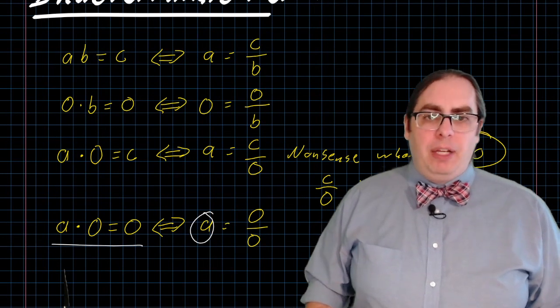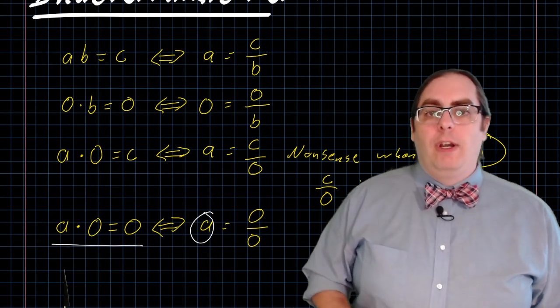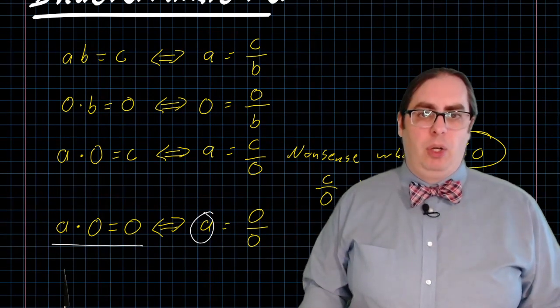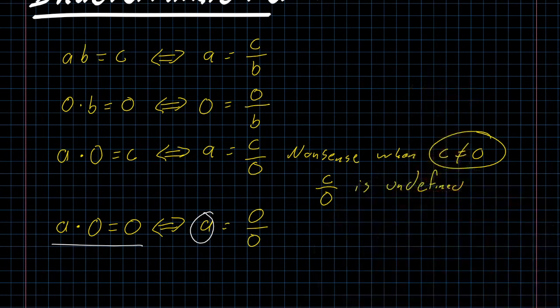So 0 divided by 0 doesn't work for a very different reason than anything else divided by 0 not working. 0 divided by 0, instead of being undefined, is called indeterminate. Depending on the situation, when you have 0 divided by 0, it might be that you can work backwards and figure out what you were supposed to have.